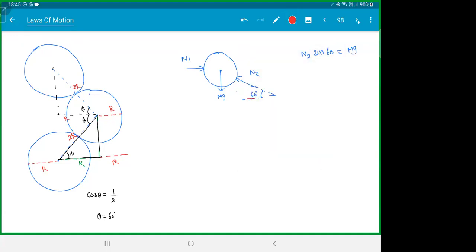I'll be skipping the steps, so be careful here. This is N2 cos 60 and this is N2 sin 60. So from here I get the N2 value directly, 2mg by root 3. And I know N1 is equal to N2 cos 60. That would be mg by root 3. N1 is found.